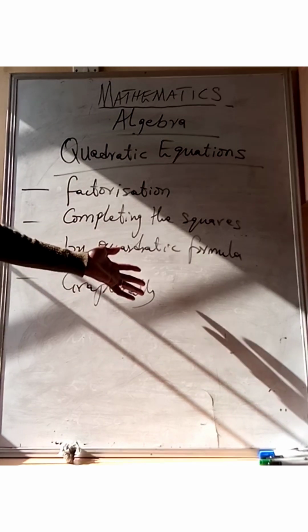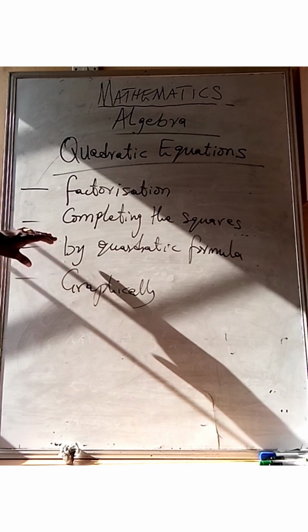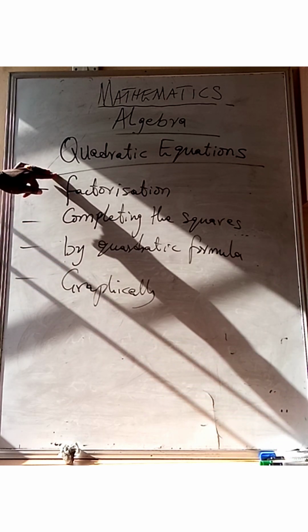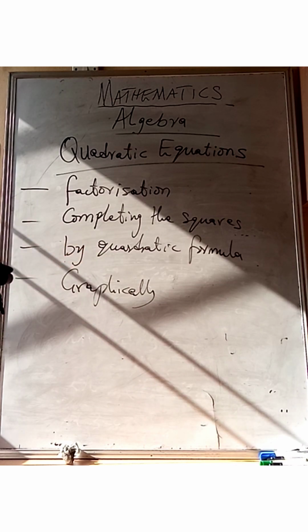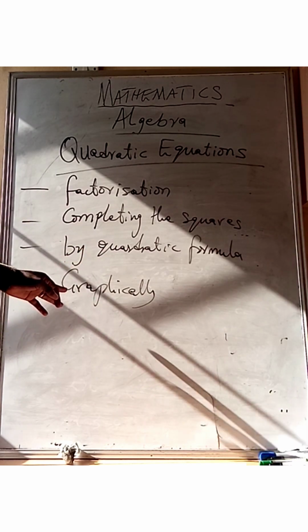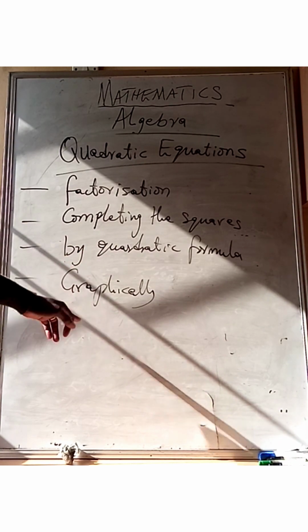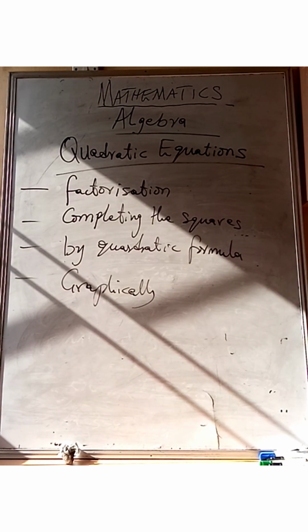You cannot do otherwise. That's why I said it can be solved using any of 3 methods. The fourth method is not negotiable. You just have to tag along. So graphically is another method of solution of quadratic equations.